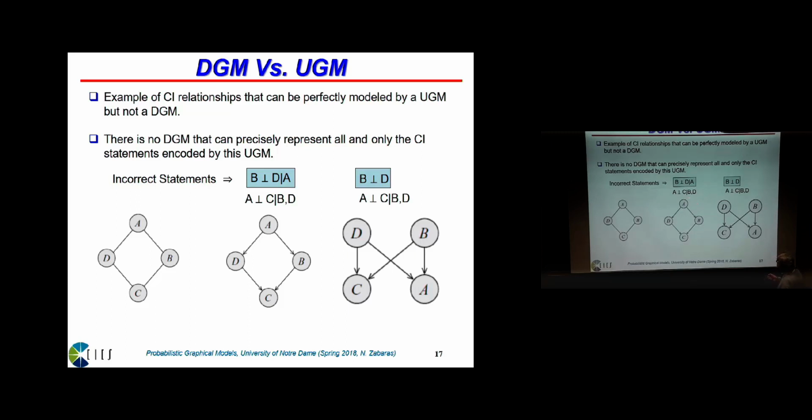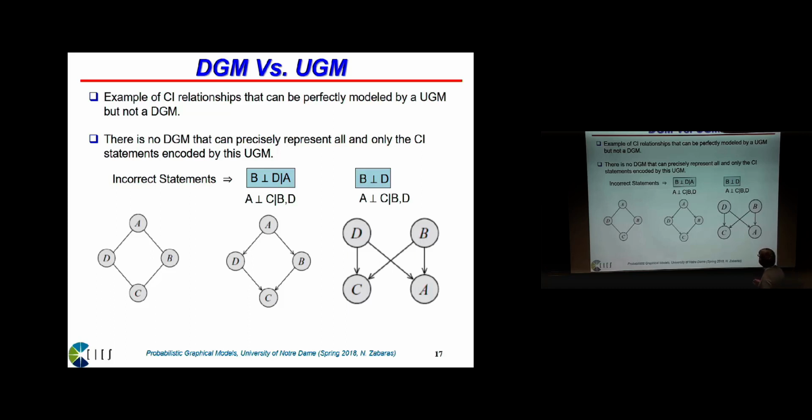All right, so let's design this directed graph. First we can see that A and C are independent given B and D. That's nice. So A and C are independent given B and D, which is the same as in the undirected graph.